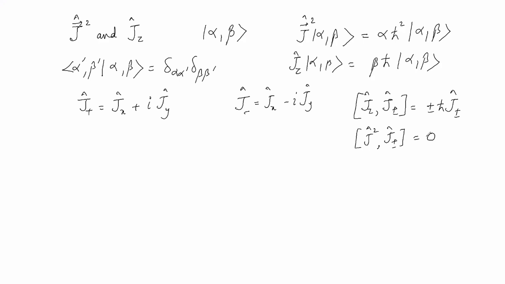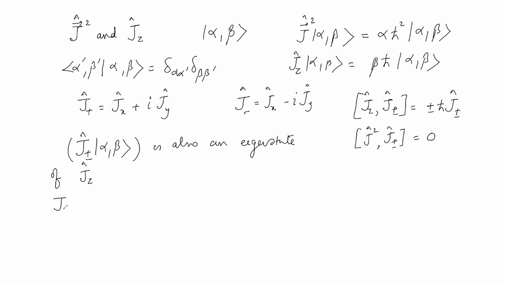The other important point which we discussed on the last turn was that J plus minus alpha beta is also an eigenstate of Jz, and this we proved by looking at the term Jz J plus minus alpha beta.